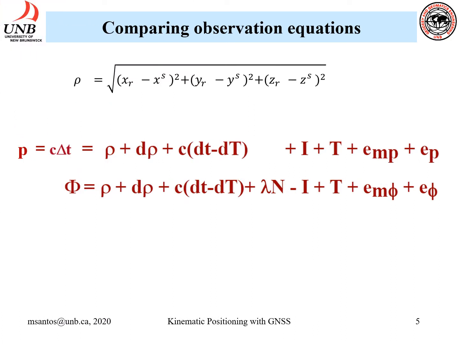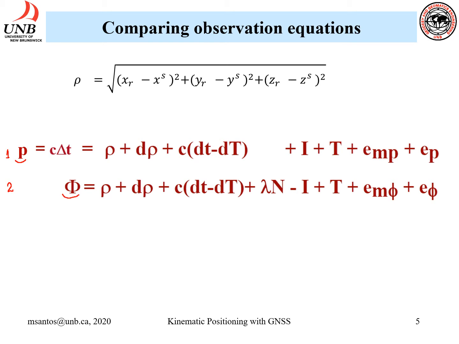Let's now compare the two observation equations, one for pseudorange, the other one for carrier phase. So we have here the pseudorange expression. Let me call this number 1, and number 2 is the carrier phase. Pseudorange, carrier phase, both in units of length.